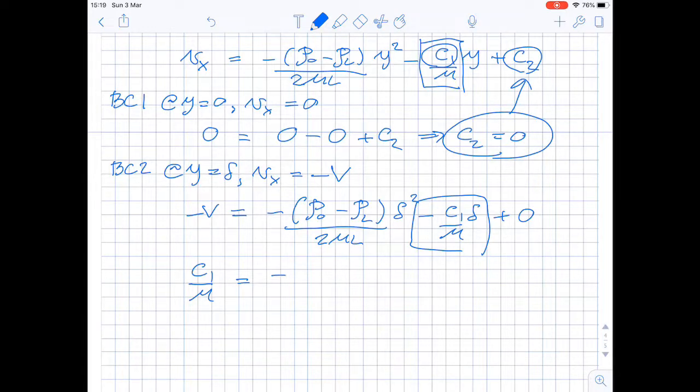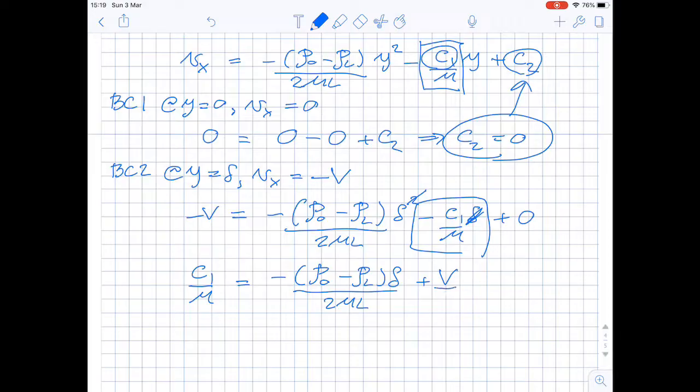I get C1 over mu to be pressure difference over 2 mu L, and 1 delta here and 1 delta there cancel out, and you have V over delta, because we need this term to go to the right hand side. So once you get C1, C2, then you can plug it back to the original equation.